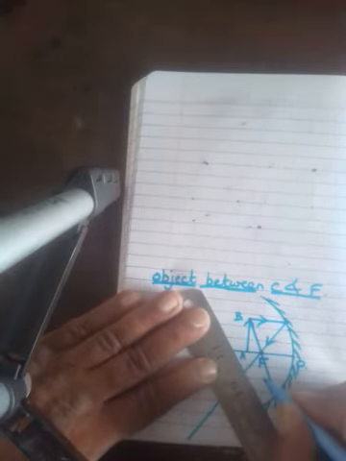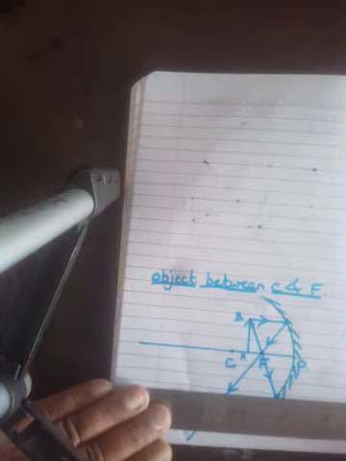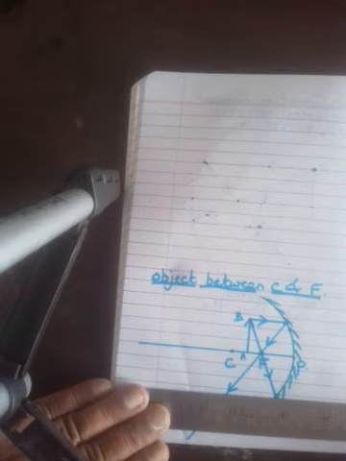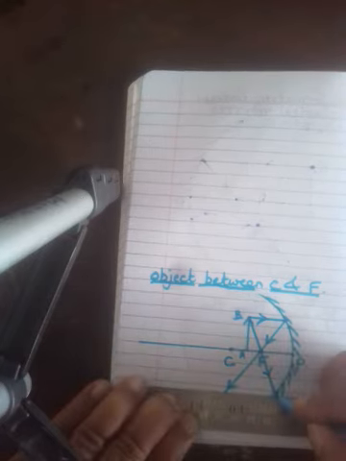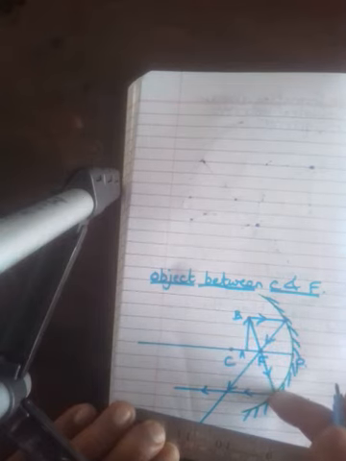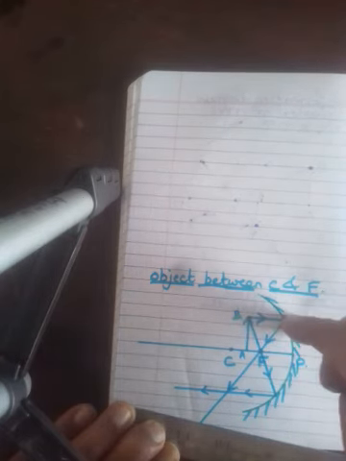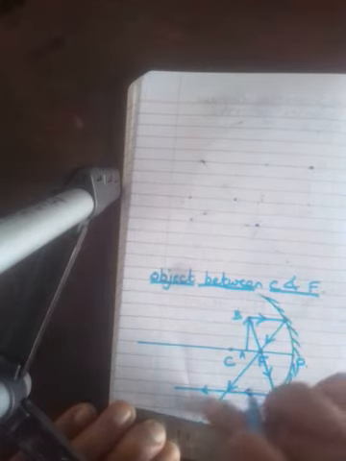This incident ray of light I have taken passing through the focus, and the rays of light passing through the focus will get reflected parallel to the principal axis. This is the principal axis. So this ray of light passing through the principal focus will get reflected parallel to the principal axis. The ray of light parallel to the principal axis will get reflected passing through the focus.